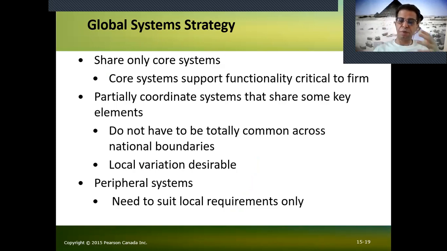And then you have the optional systems, which need to suit local requirements only. So there are three levels: one is the core, then the regional, and then the local or optional system.